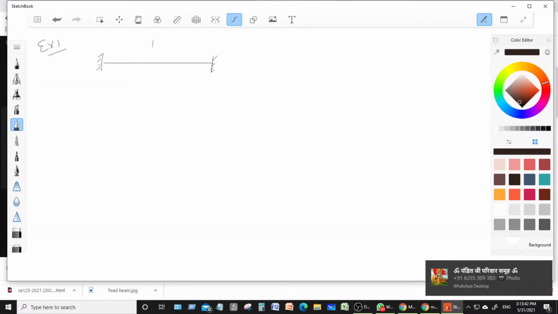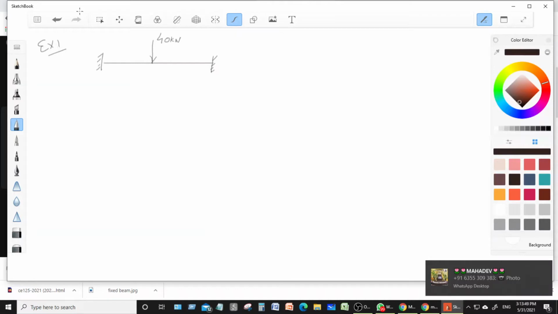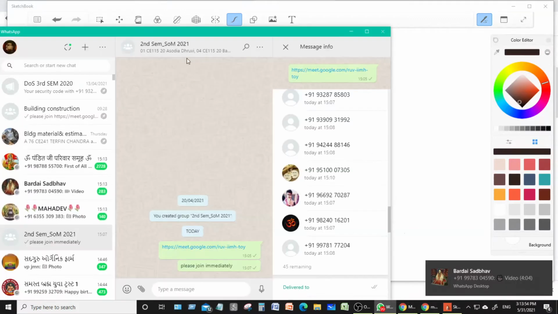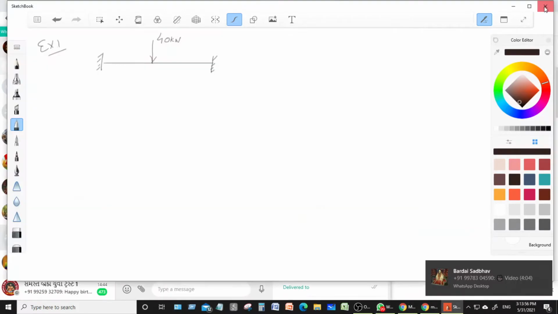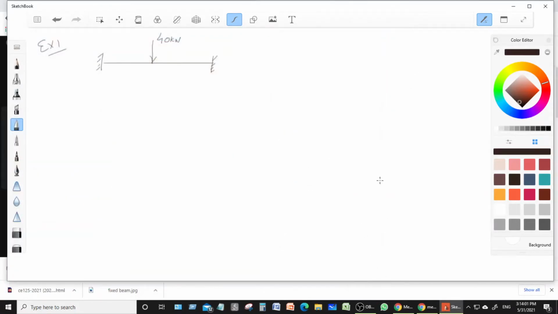Yes, sir. Okay, so the first example: suppose we have a fixed beam which is subjected to a point load at the mid span, and the value of that load is 40 kilonewton, and the span of this beam is 5 meter, right?